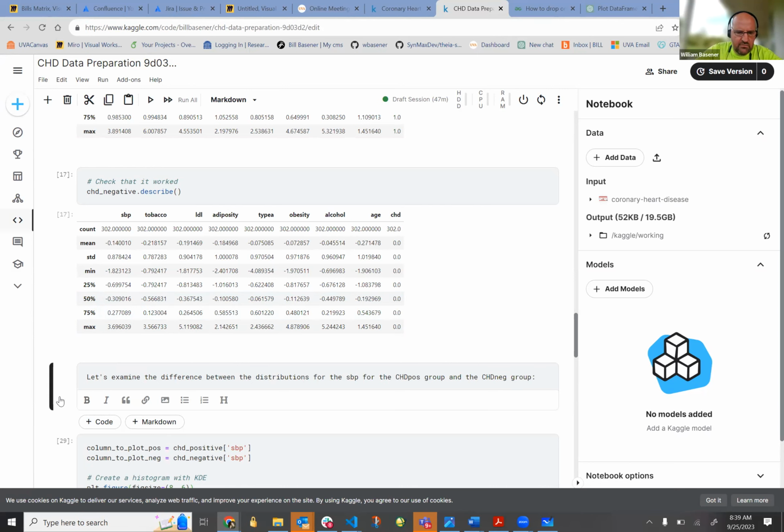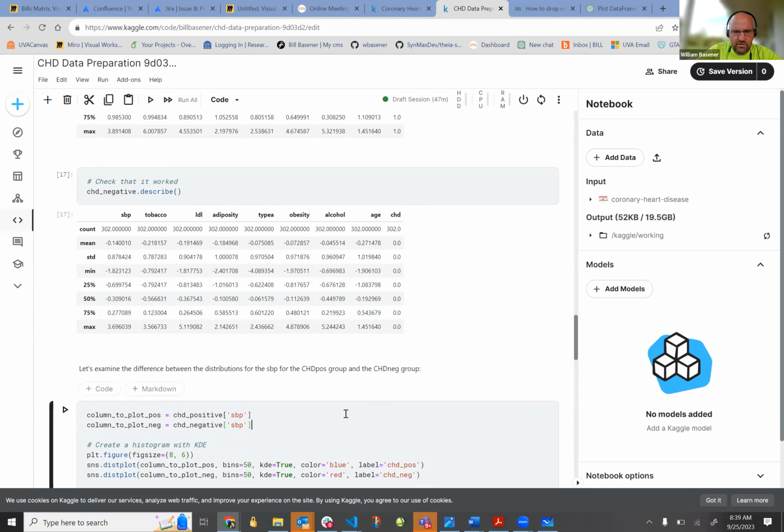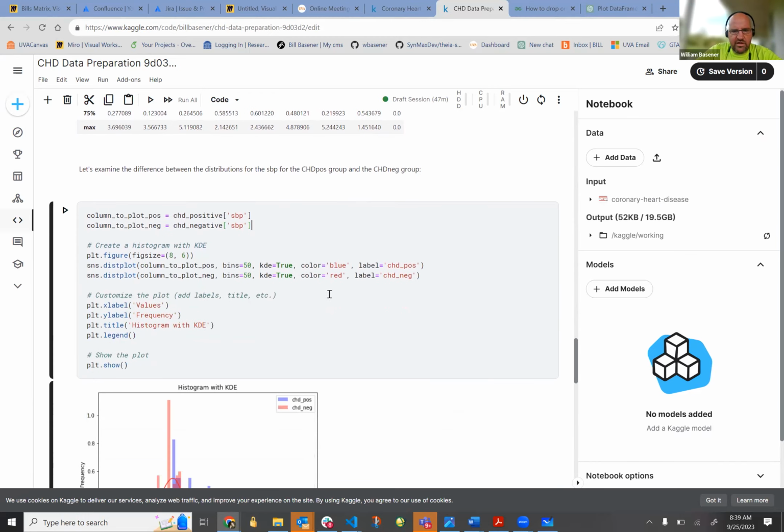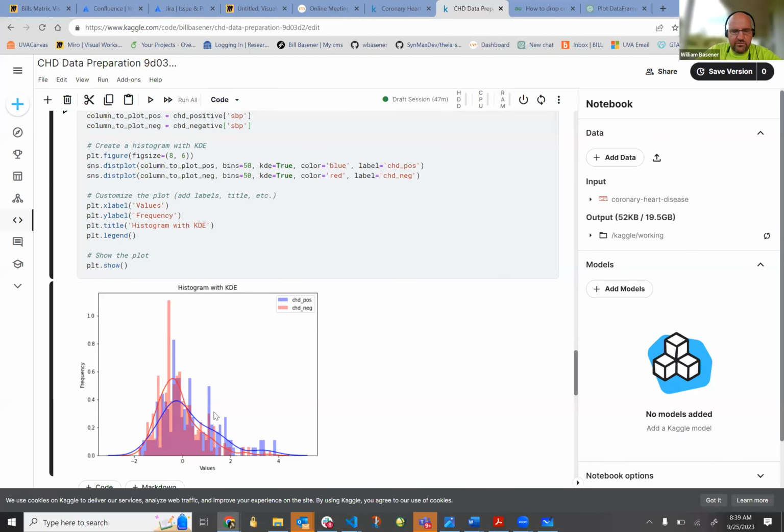Right, so that's what we're doing here. This is just looking at the one variable for the two different groups. Also, this isn't Bayesian. This is more just looking at the distributions.